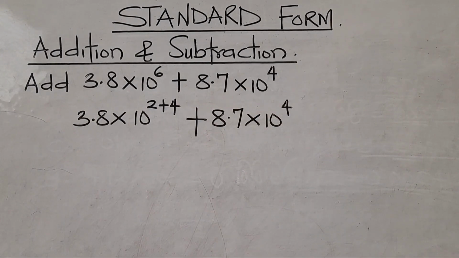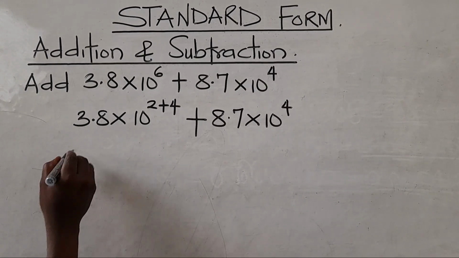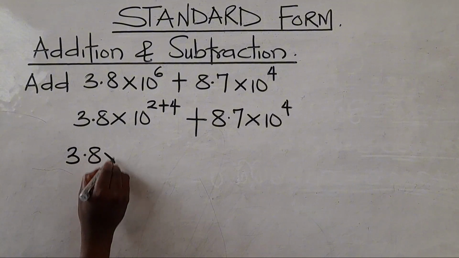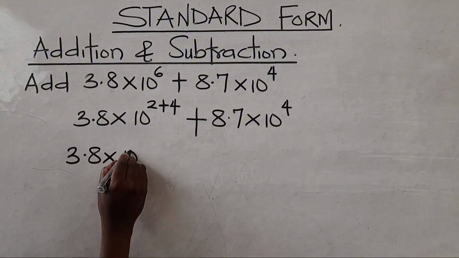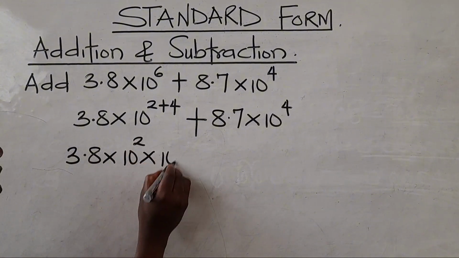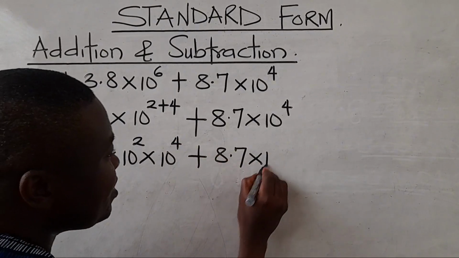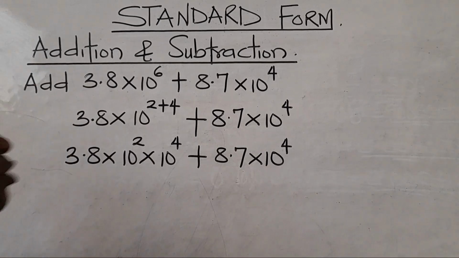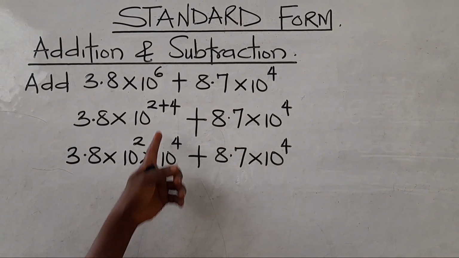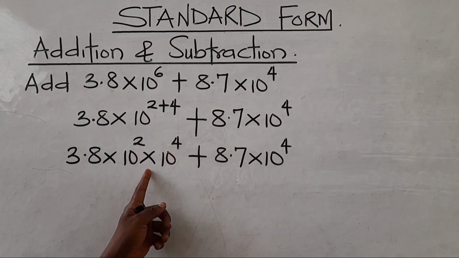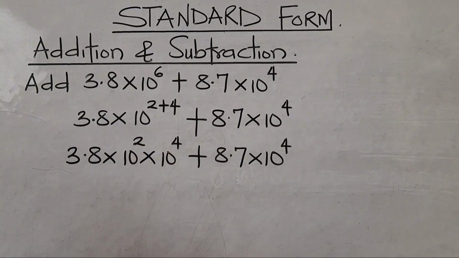6 is the same thing as 2 plus 4. So this means that you have 3.8 times 10 to the power 2 times 10 to the power 4 plus 8.7 times 10 to the power 4. Look at what I've done. Your law of indices. I think most times they teach standard form alongside indices.